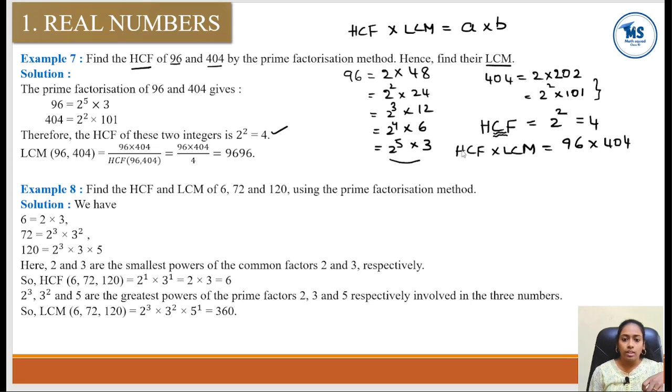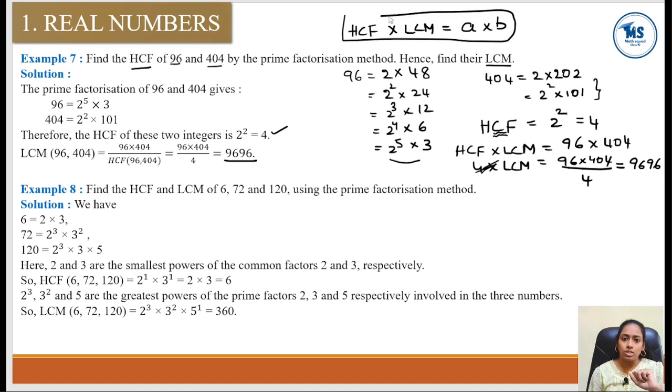Here we have HCF 4, no? 4 into LCM is equal to 96 into 404. If I take this 4 here, it will become divided by 4, and if you solve this entirely, you will get 9696. Okay, this is the answer for LCM. We found LCM using the HCF and the given two numbers A and B, but not by prime factorization. Remember this also. This is also very important.